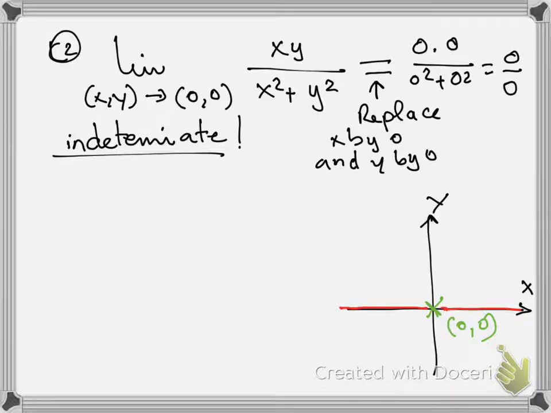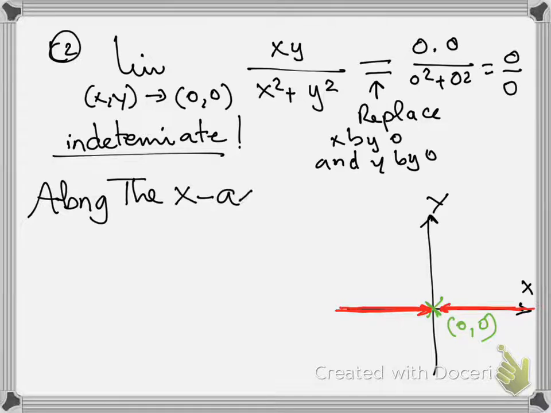Okay. So if you approach the point (0, 0) along the x-axis, let's see what happens to the limit. When you say x-axis, it means y is equal to 0, right? So along the x-axis, y is equal to 0.